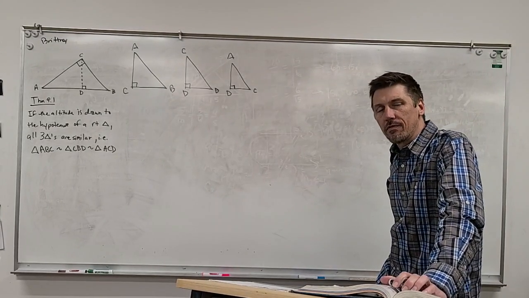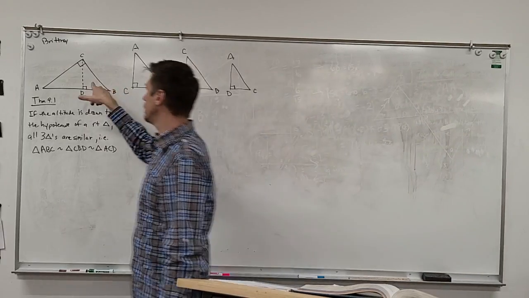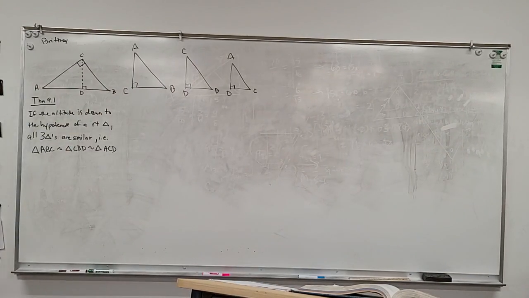That's something you've got to be able to figure out in your mind as you're looking at these, how you're flipping these so that you're able to line them up correctly.